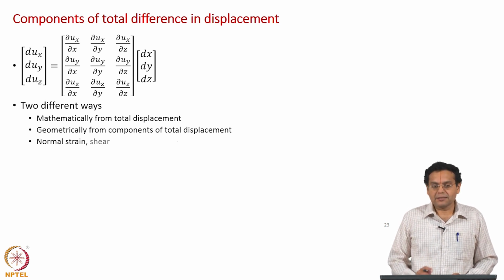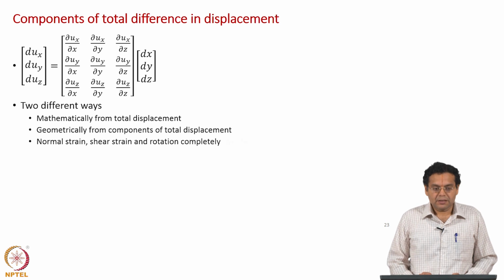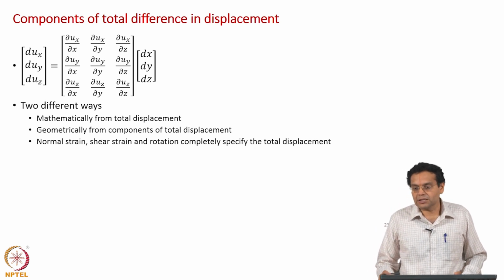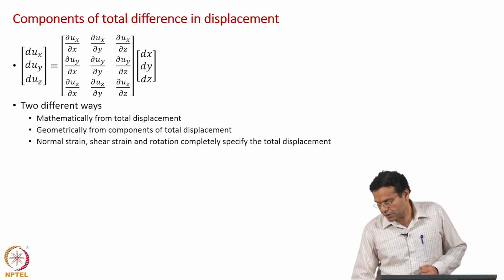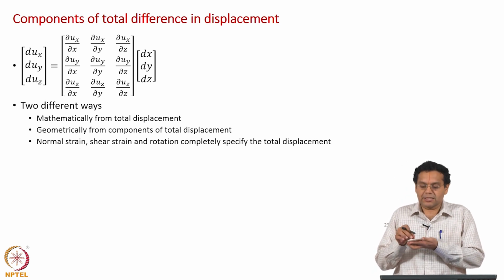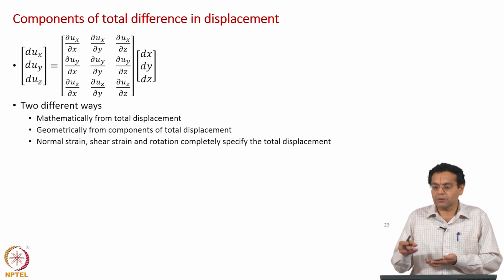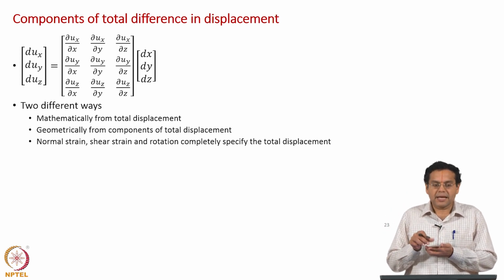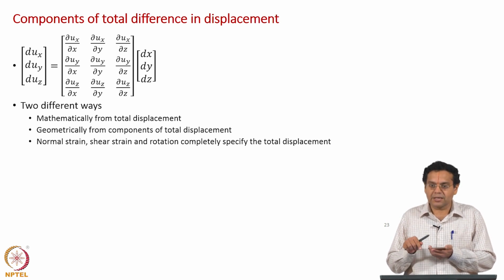What is the implication? That is the statement now. Normal strain, shear strain and rotation completely specify the total displacement. What does it mean? When I say total difference in displacement, we made a statement that it has three components: normal strain, shear strain, rotation. We are proving it now.